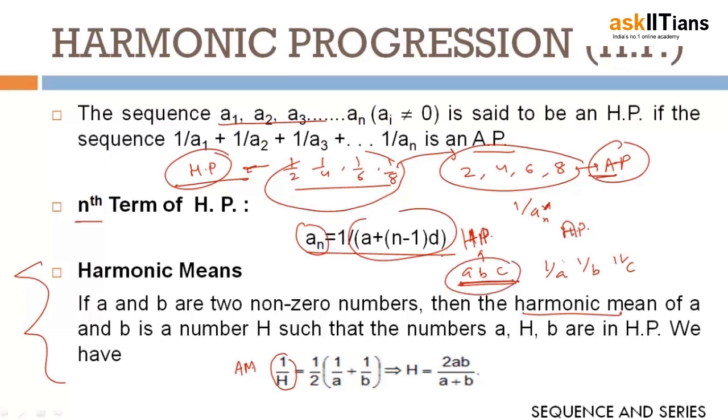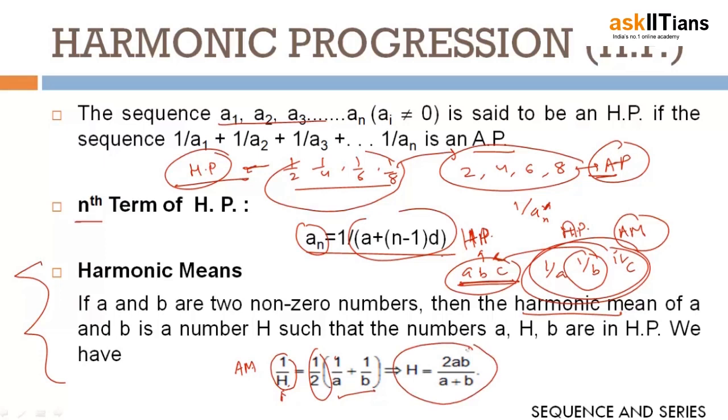If I take these 3 terms, you can find 1 by B by finding the arithmetic mean, and if you reciprocate that, this will be HM. So clearly 1 by H will be your AM. The AM for this will be (1 by A plus 1 by B) upon 2. If you finally reciprocate, you will get the expression like this.